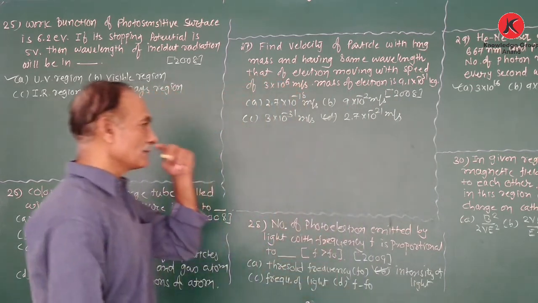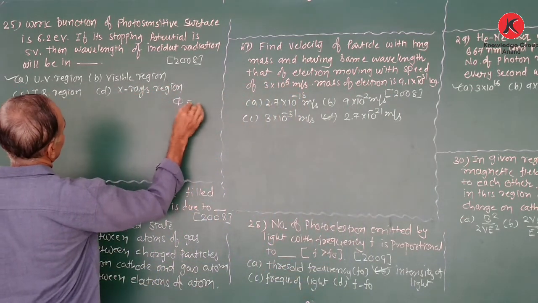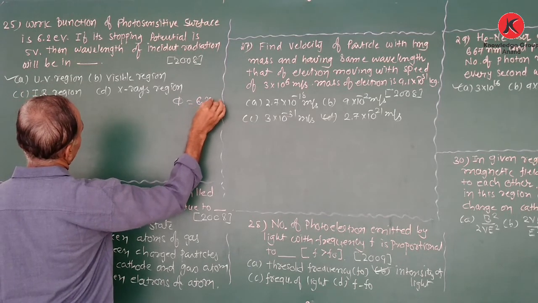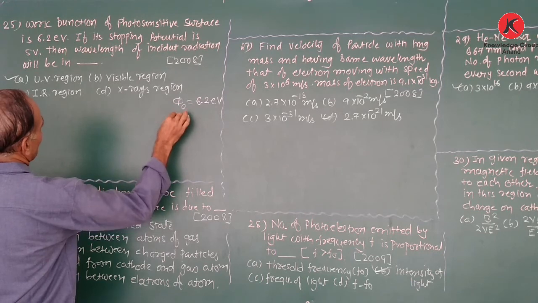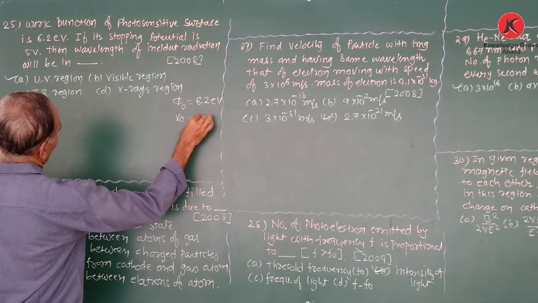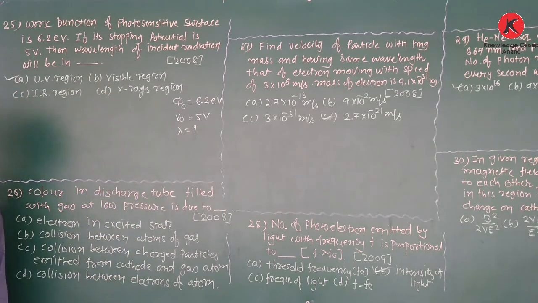For that purpose, the work function is given 6.2 electron volt. Therefore, phi 0 is equal to 6.2 electron volt. Stopping potential is given, that is 5 volt. We require the wavelength lambda.